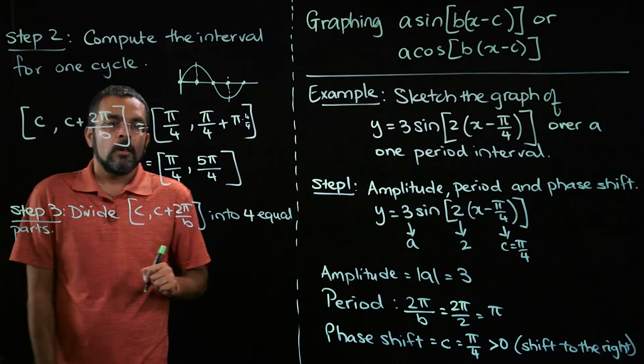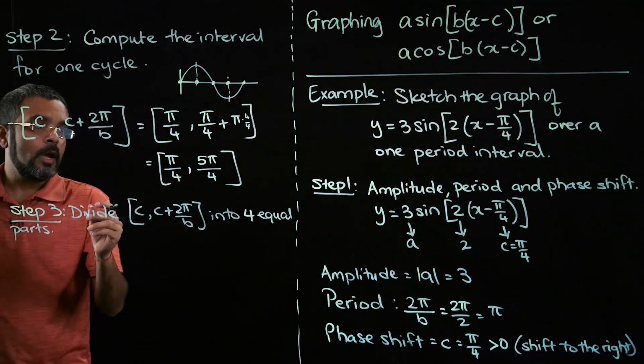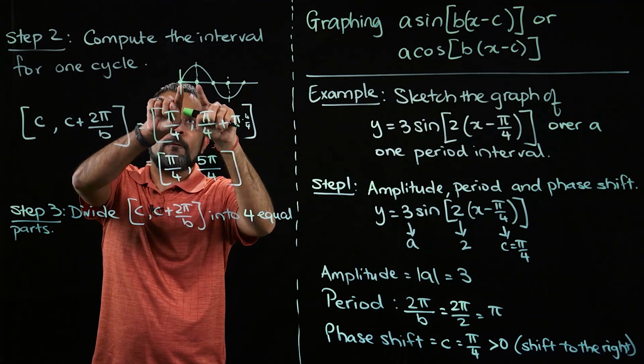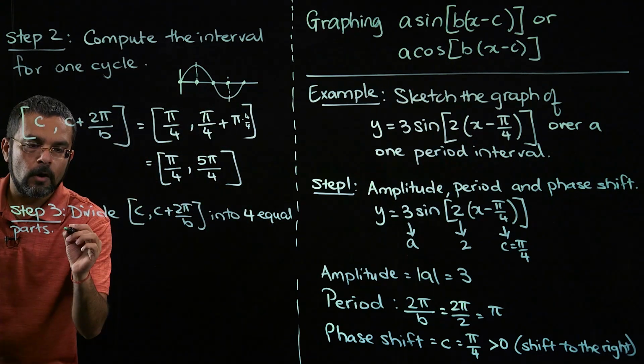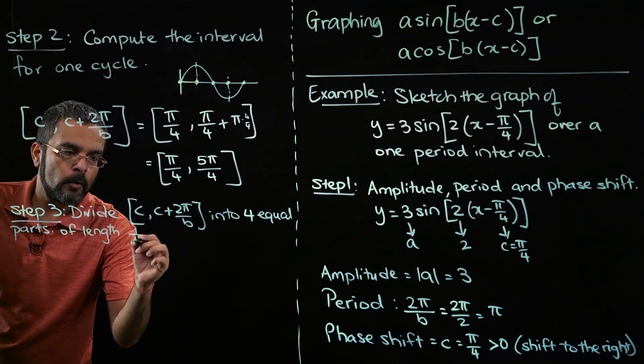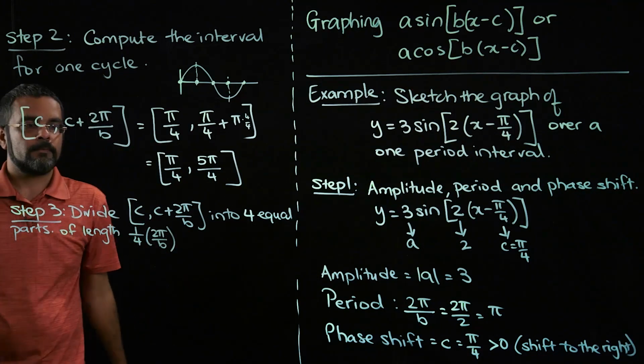And each of those parts will be of length, right? It has to be length 1/4. If this is my entire period, this has to be 1/4 of my period, and so of length 1/4 of 2 pi over b.